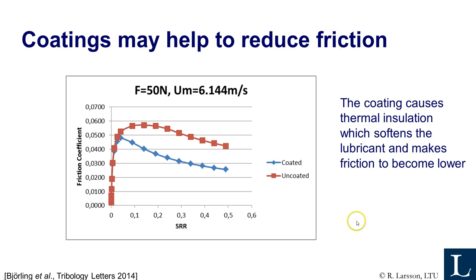So if you add a thin layer of an insulating material, which a DLC coating is, for example, you will actually stop part of that flow, and more heat remains in the oil film. That makes the oil warmer, and warmer oil also means softer oil. This pressurized, almost solidified oil becomes softer, and the friction is reduced.